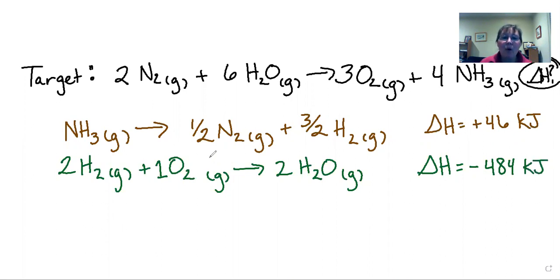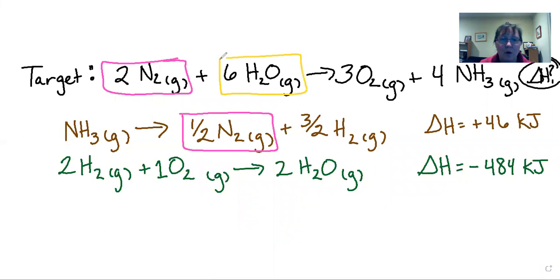Okay, now we need to figure out how to make these 2 reactions down here look like our target reaction. And the way I like to do that is by finding my target. So here I have nitrogen, and here's my nitrogen. And I need 6 moles of water, and here I have 2 moles of water.